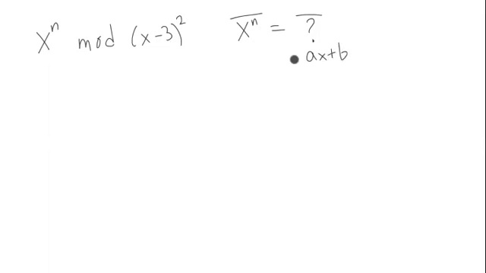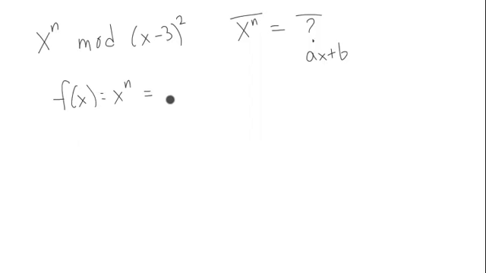Now, it does not quite work to use a system of equations with plugging in different things like we did in another video, but rather, here we're going to use the technique of Taylor series, a Taylor series centered at x = 3. So let's write this. f(x) is equal to x^n. That's our function. And as a Taylor series, we can think of this as centered at x = 3.